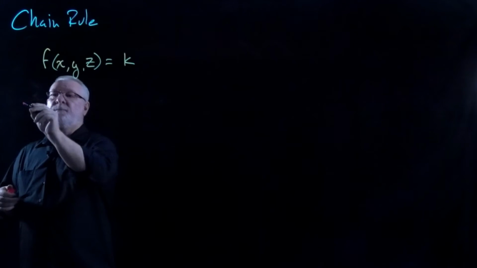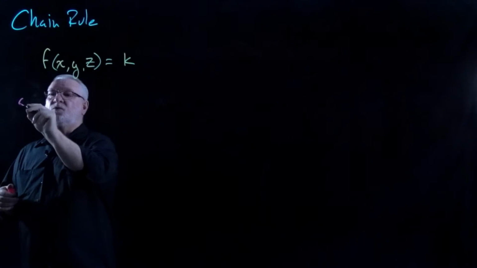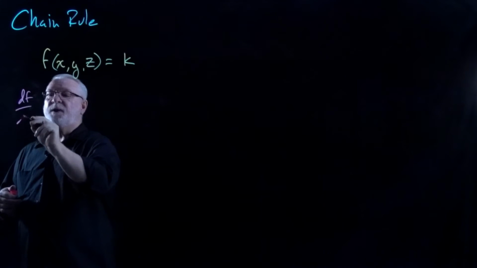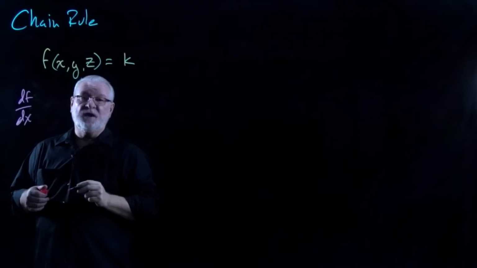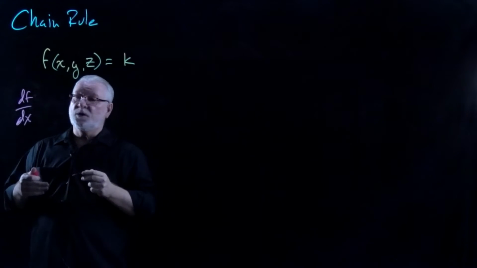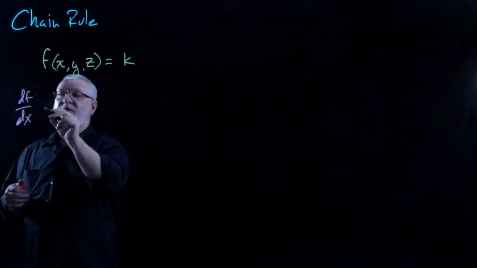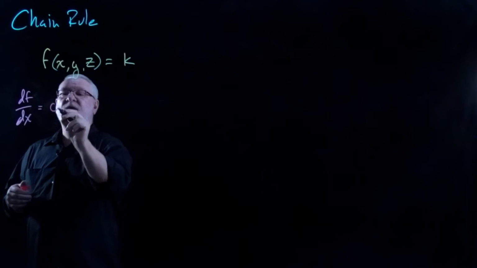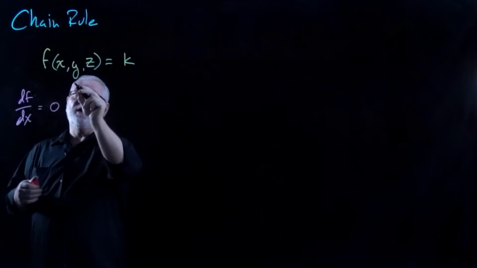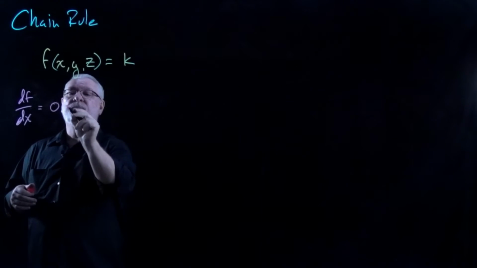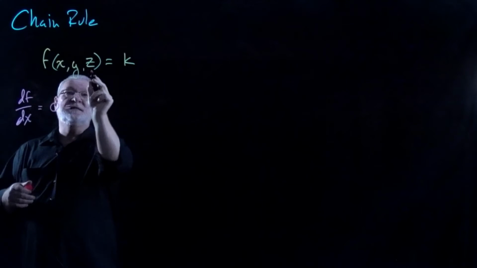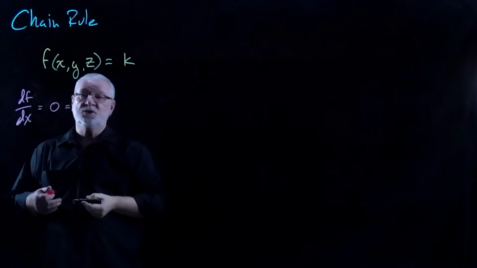Here's how it would work. I would want, say, the derivative of f with respect to x. Again, I choose with respect to x because that's the derivative I want for z. Had I wanted z with respect to y, I'd start off with df dy. Well, I know that's equal to 0 because any derivative of f will be equal to 0 because the f function is actually a constant. But now let's break it down by actually taking the partial derivatives using the chain rule.